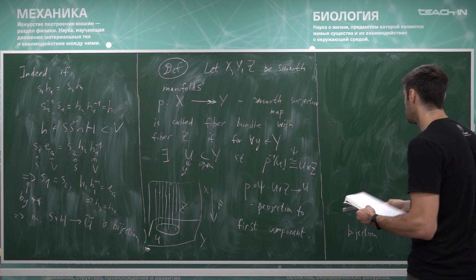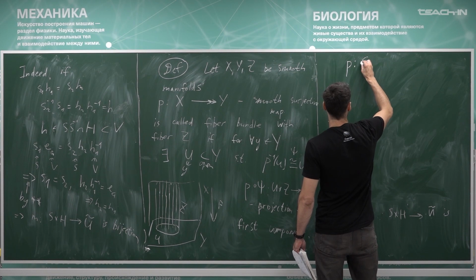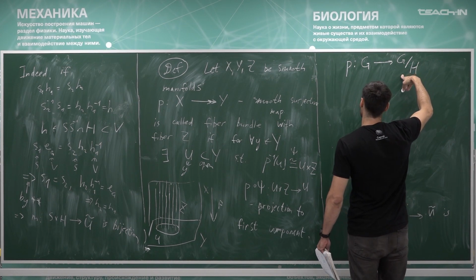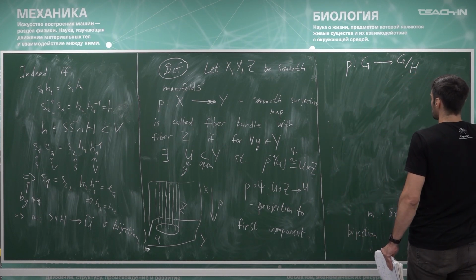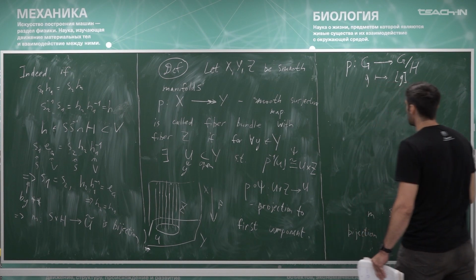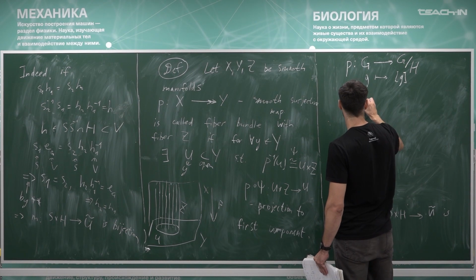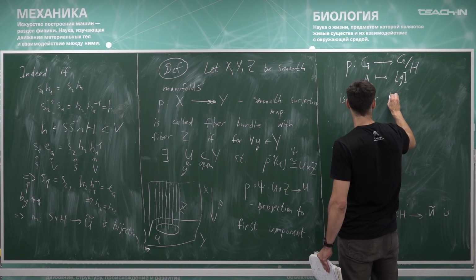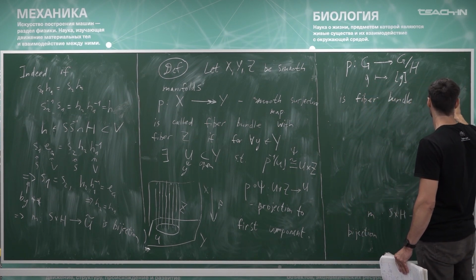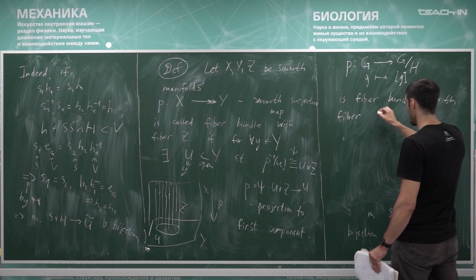From what we see in the proof, P from G to G over H, so G over H is now a manifold, this map is this one, right? But moreover, this is a fiber bundle with fiber H.